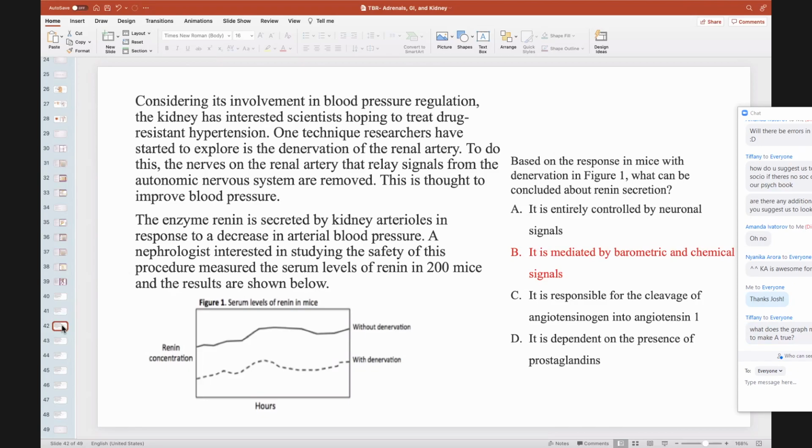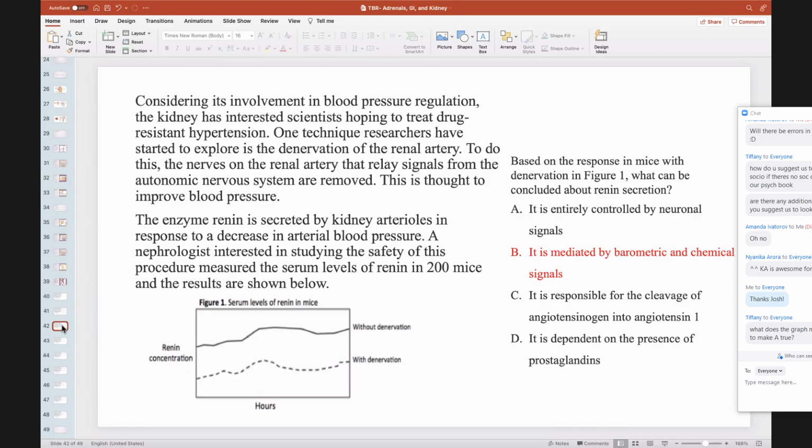While there are neuronal signals that do play a role, we have a lower renin concentration with denervation, but there are still fluctuating levels of renin concentration. You're still getting the fluctuation of the renin. It's increasing, and even at baseline, these renin levels aren't at 0. They're still a non-zero number on this y-axis.